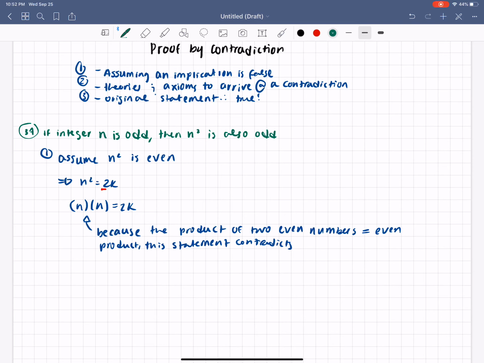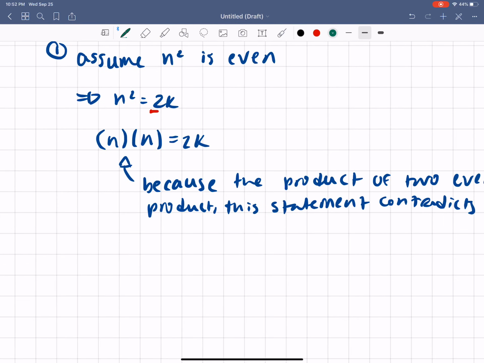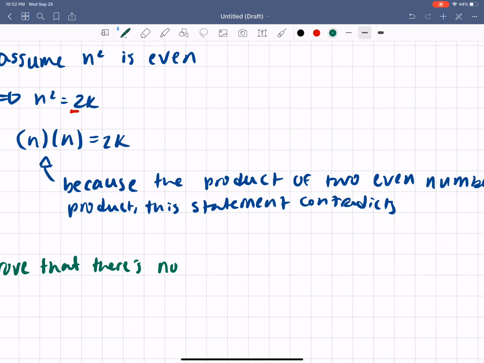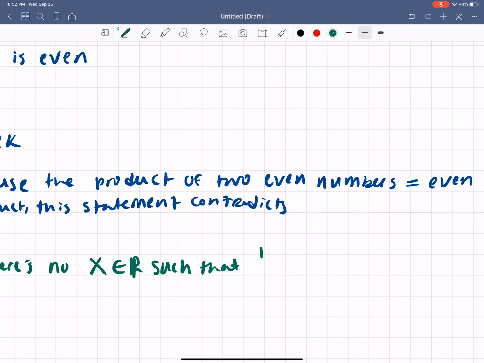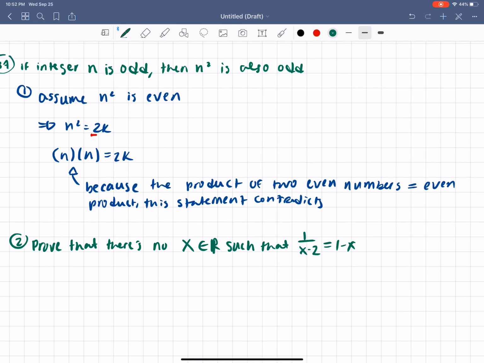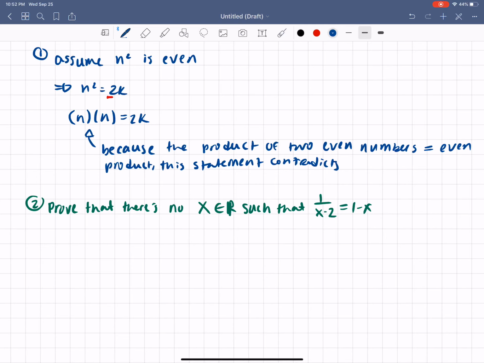Another more complicated example is something like this. Let's try to prove that there's no x value which belongs to the set of real numbers such that 1 over x minus 2 equals 1 minus x. Again, our first step is to assume the implication being made in this question is wrong.